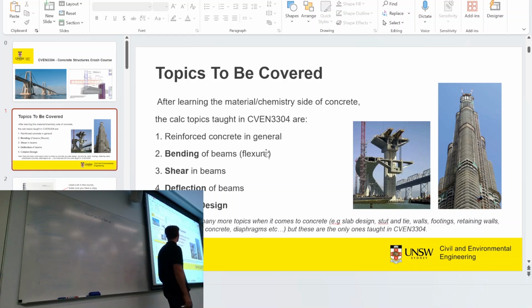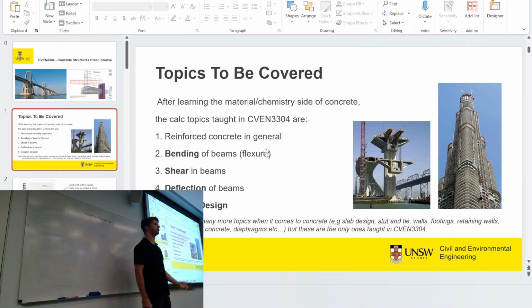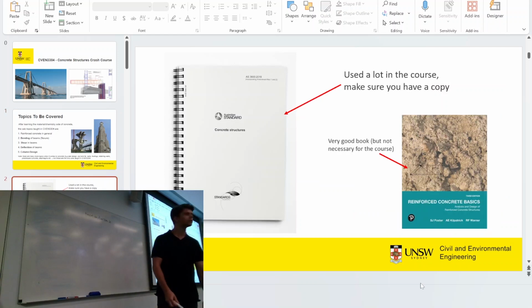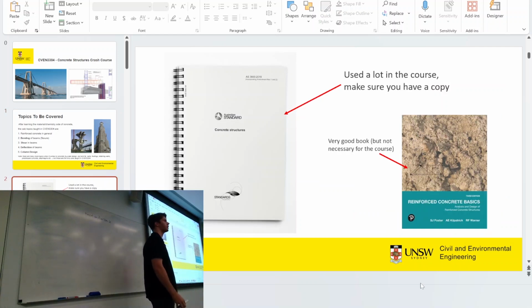In terms of concrete, there's other stuff like slab design, walls, diaphragms, strut and tie, but those are not covered in this course. Just make sure you have a copy of the Australian standards for concrete.